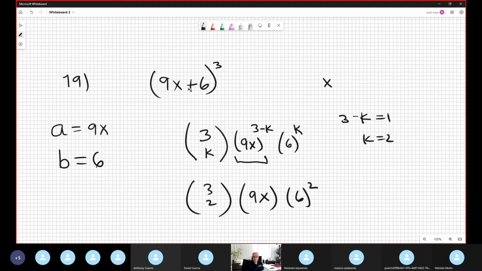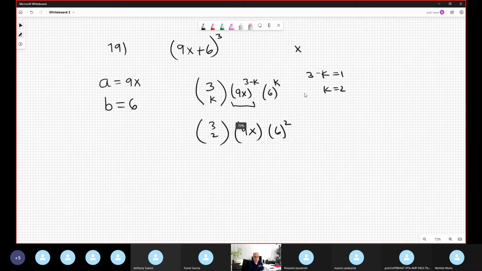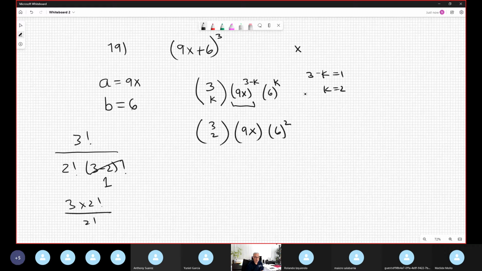The combinatorial number 3 choose 2 is computed using the formula: 3 factorial divided by 2 factorial times 3 minus 2 factorial. 3 minus 2 factorial is 1, and 1 factorial is 1. This is 3 times 2 factorial divided by 2 factorial. It's obvious that the answer is 3.